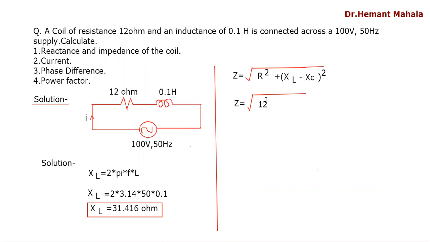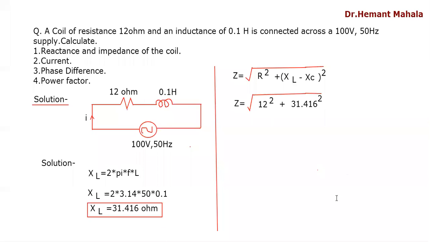So R square plus XL we have calculated 31.416 whole square.